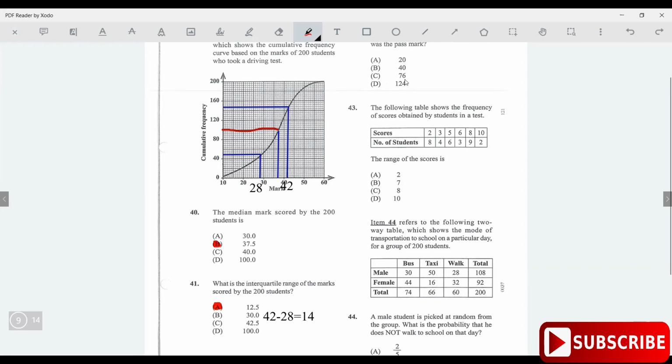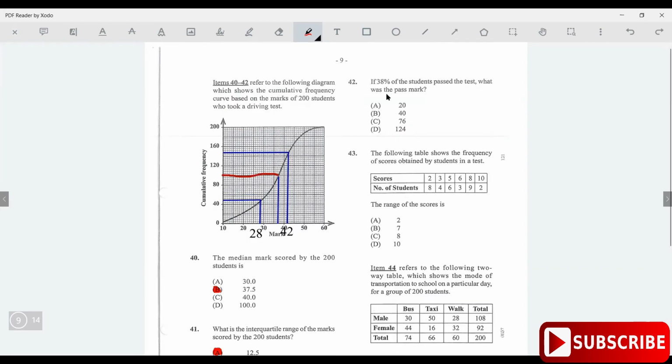Next question, if 38% of the students pass, what was the pass mark? If 38% pass, then let's find the pass mark. We need 38% of 200, which is 76. So that means 76 students pass.